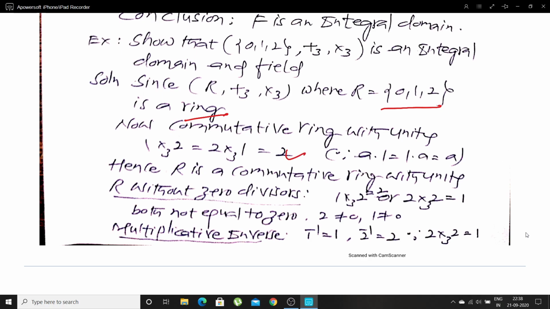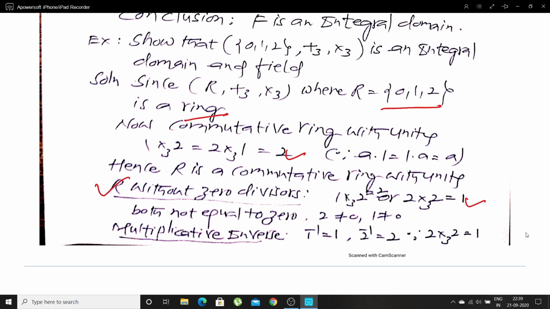The product 1 dot 2 under multiplication mod 3 is 2, and 2 dot 2 under multiplication mod 3 is 1. That means in both cases it is not equal to 0. 2 is not equal to 0, 1 not equal to 0. What does it show? It shows that R is without zero divisors.